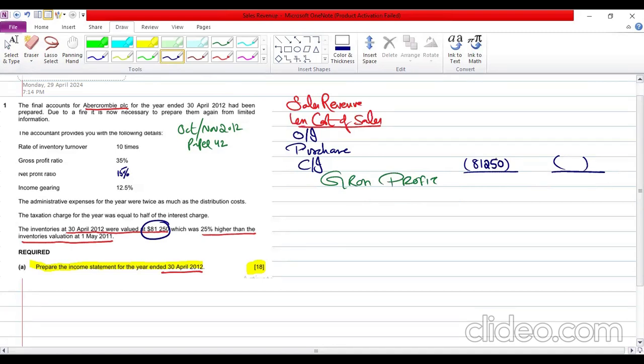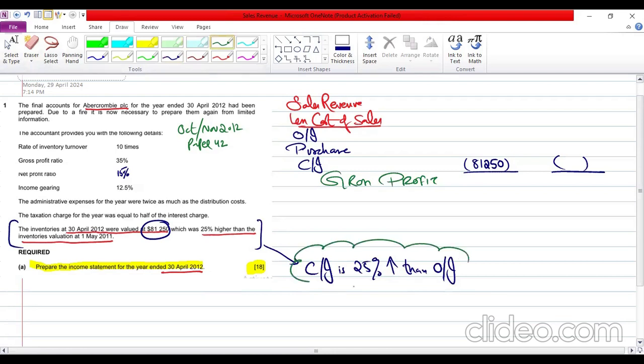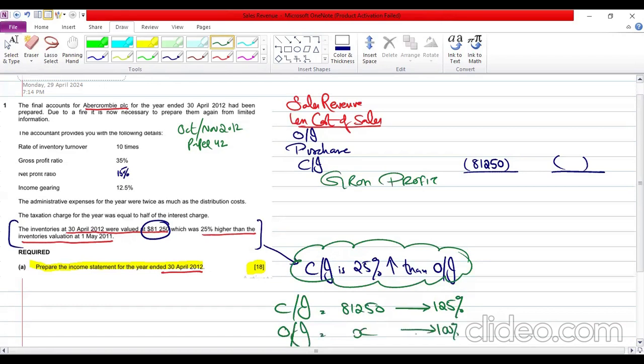Now I want to crack this. Closing inventory is 25% higher than opening inventory. It means the closing inventory, which is 81250, is 125%, because it's 25% above. So what is the 100% of it?